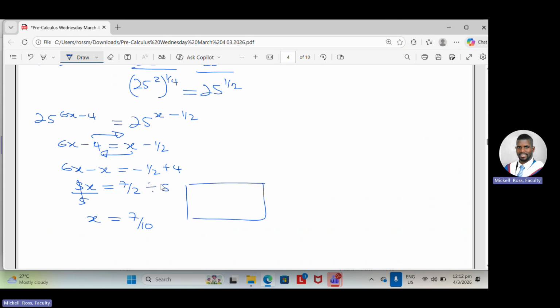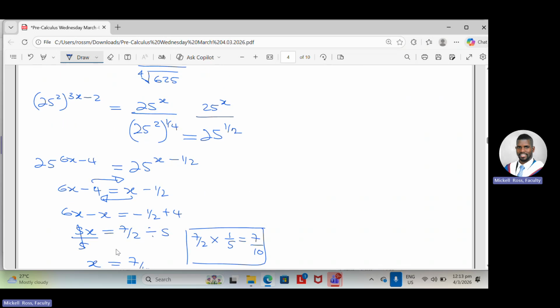When you're dividing fractions, you keep the first fraction, which is going to be your dividend fraction. You change the sign to multiply, and the divisor, which in our case is a whole number, you would have to reciprocate. So it's going to be 7 over 2 times 1/5. Multiplying fractions, numerator multiply, denominator multiply. That's how we get our final answer of 7/10.